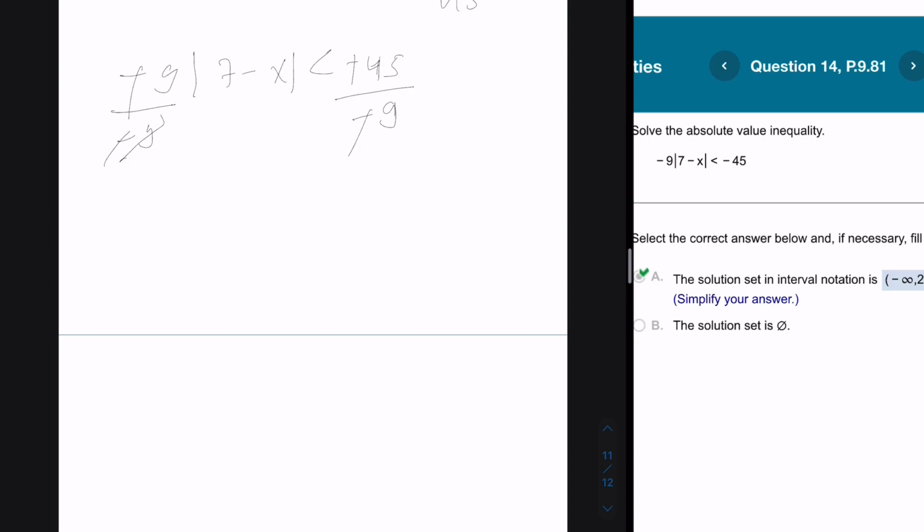Oh, I think I had not written 5 in the previous solution. Okay, we used a minus sign, so we have to change our inequality sign. Now 7 minus x is greater, so the absolute value is greater, so our equation will be 5 and minus 5.